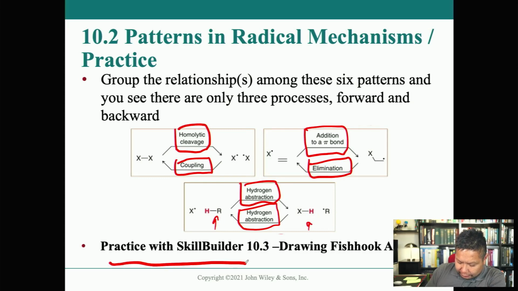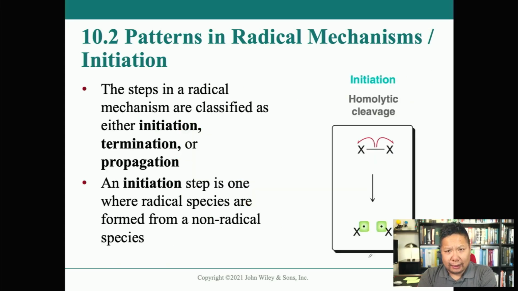Practical skill builder 10.3, drawing fishhook arrows. Okay, so the steps in a radical mechanism are classified as either initiation, termination, or propagation, right? Propagation actually goes in the middle. The initiation step, which is this one here, is a step where the radical species are formed from a non-radical species, right?